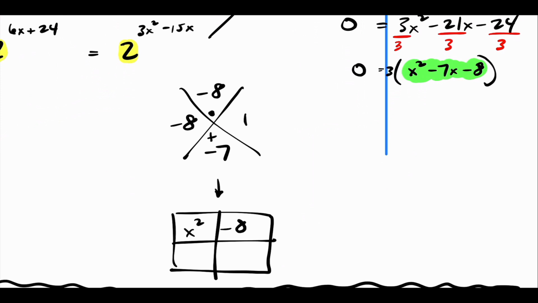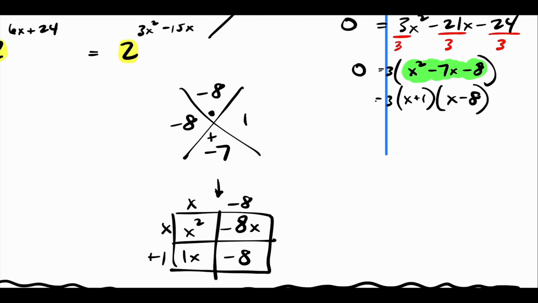X squared minus 8x plus 1x minus 8. So it's going to be x minus 8 and x plus 1. This part we've done many, many, many, many times.